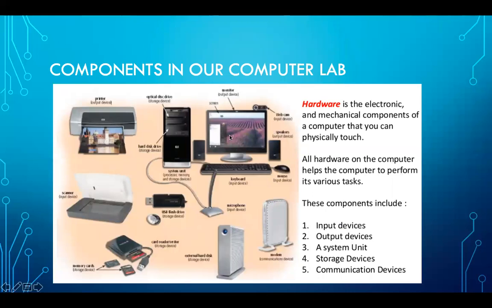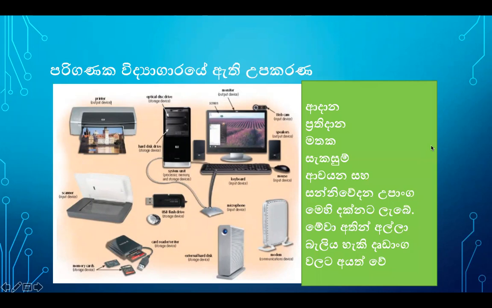So it can be, as you said, the printer, scanner, card readers, modems or routers, USB drives, system unit, monitors, keyboard, mouse, speakers, microphones, all these components. Basically, input, output, system, storage, communication, all these devices are there inside the computer lab.